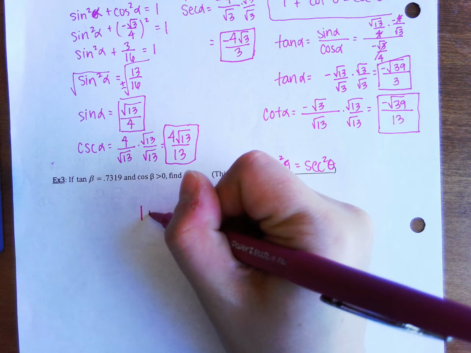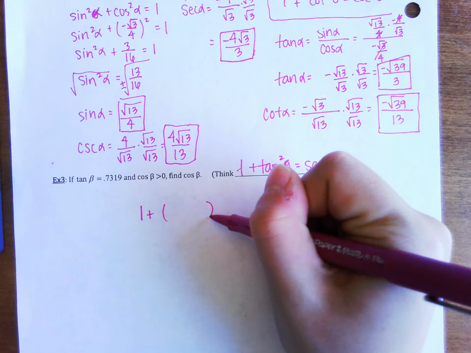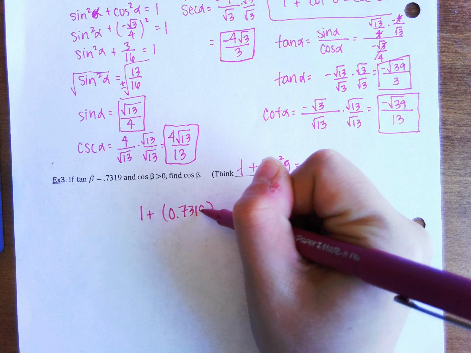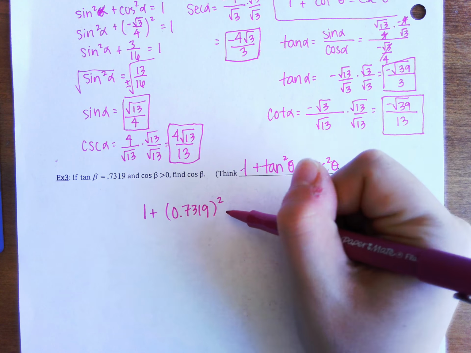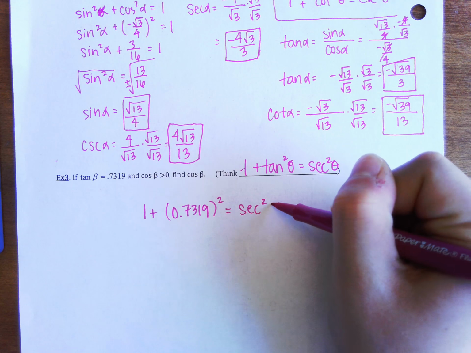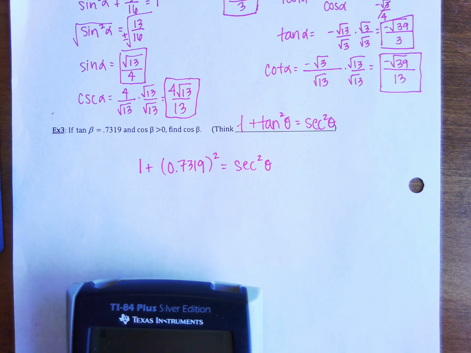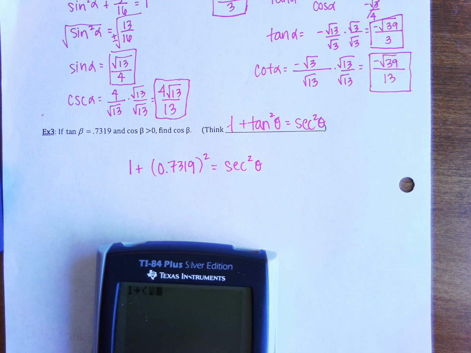So if I replace tangent with 0.7319, squared, equals secant squared. And then I'll find what that is in my calculator, 1 plus 0.7319 squared.